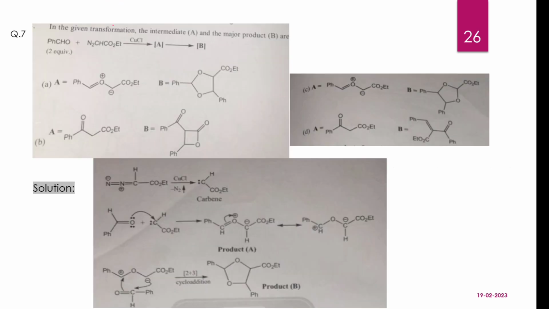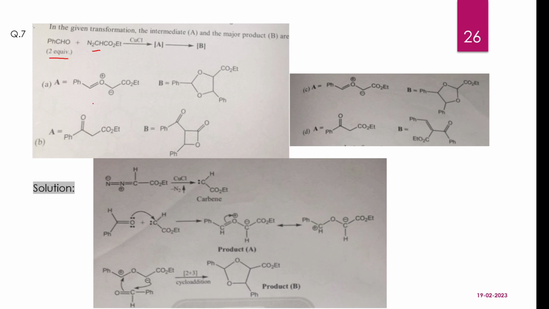Next is this one. Here, first the carbene will generate and it will add to this aldehyde, giving us this type of ylide system, an oxonium ylide system. As this is two equivalents, you have to notice there is no other reagent. So one equivalent of aldehyde is still remaining.